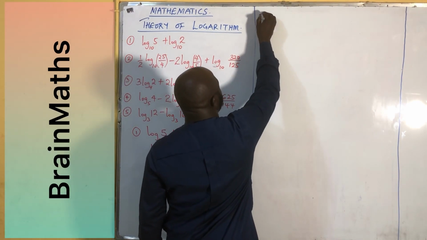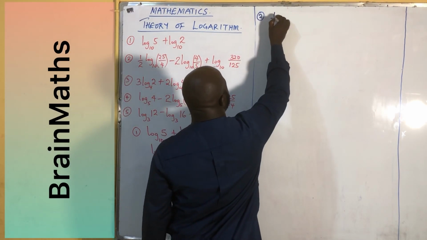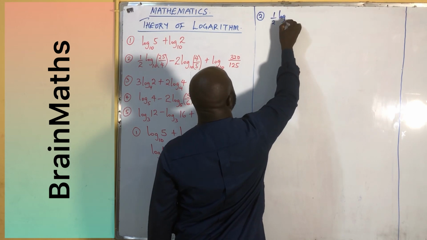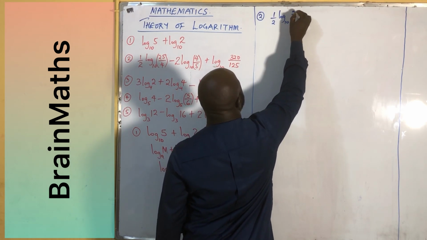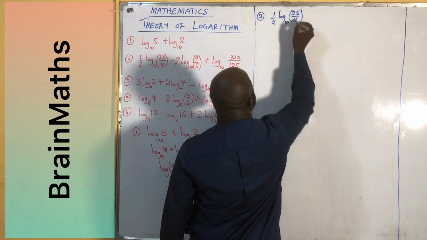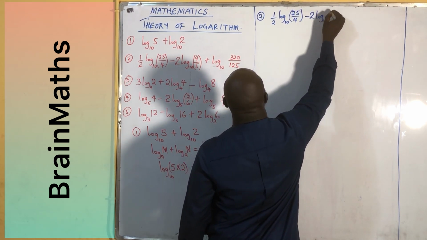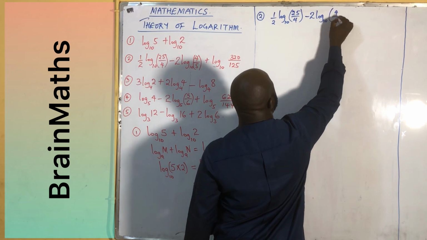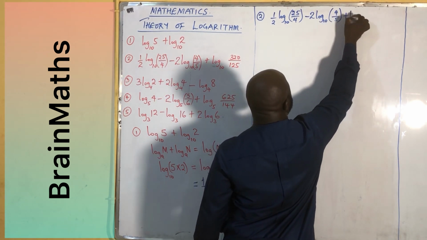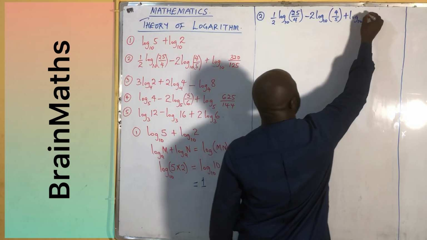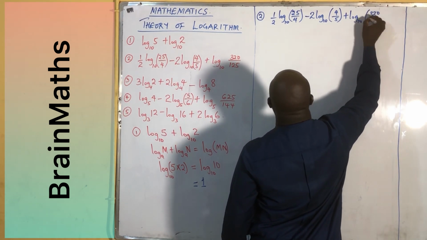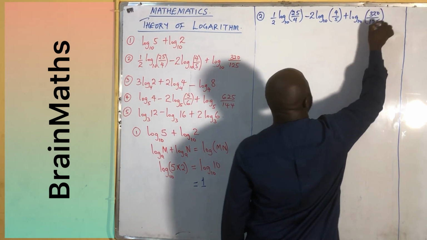Question number 2 says 1 over 2 log 10 of 25 over 4 minus 2 log 10 of 4 over 5 plus log 10 of 320 over 125.